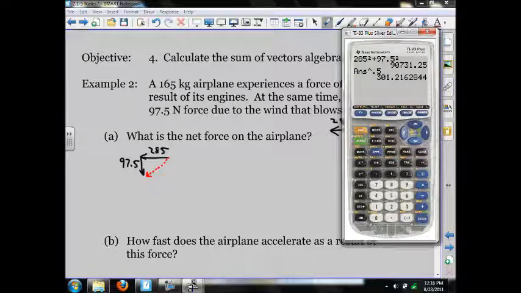And we said last time, generally speaking, we want how many significant digits? 2 to 4, yeah, so 3 would probably be appropriate. 301 newtons. Force is a vector, therefore we need a direction as well. How would I get that angle right?